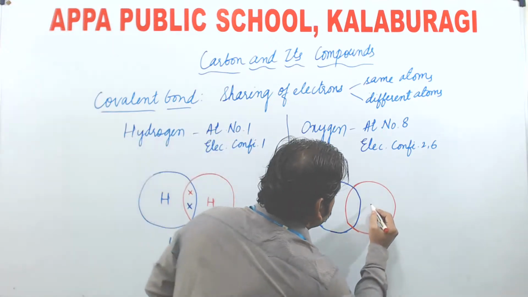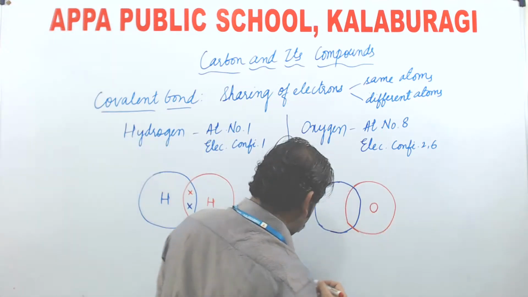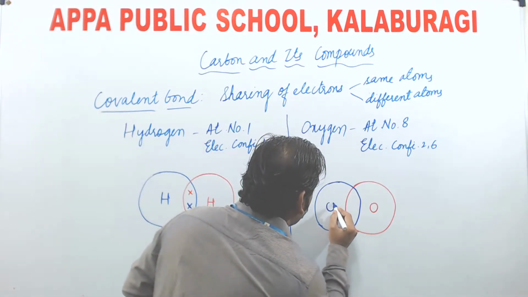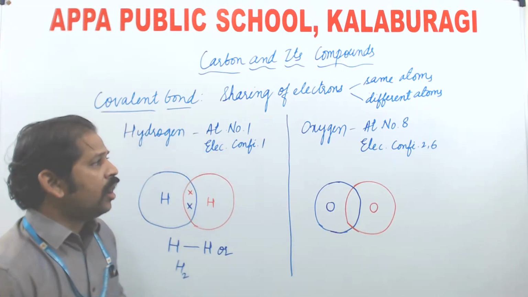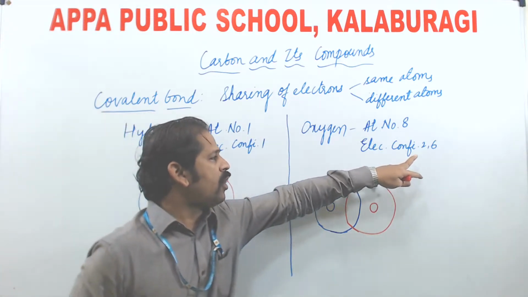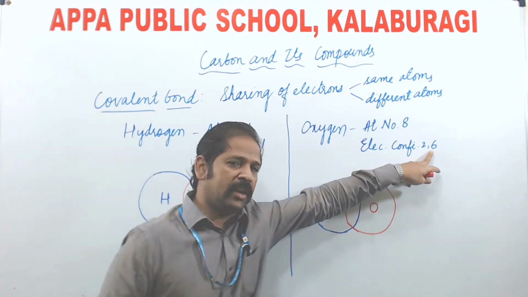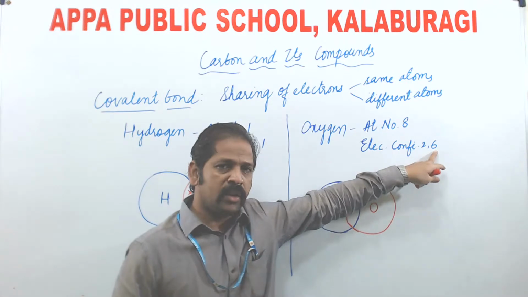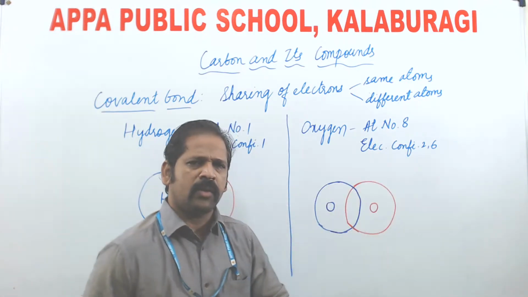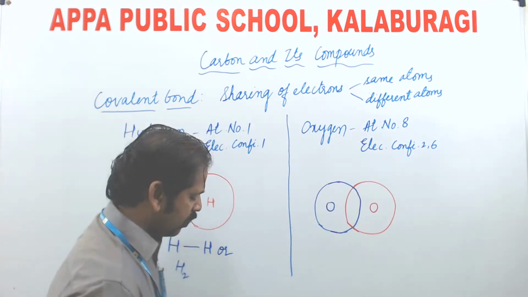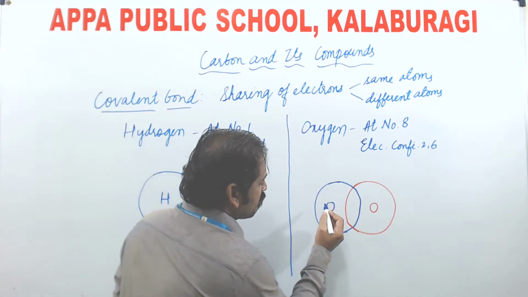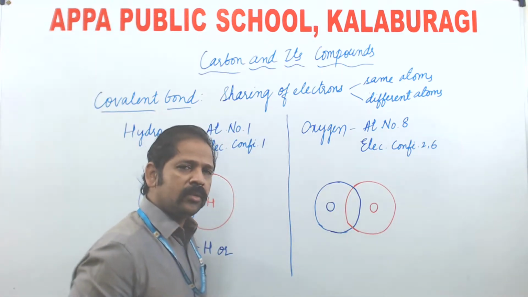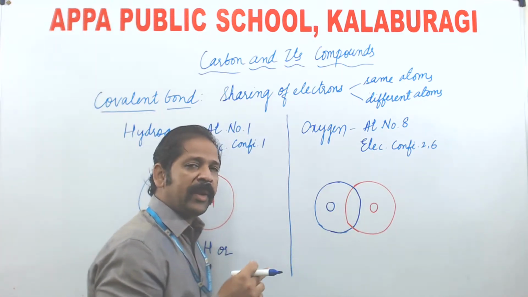This is oxygen number one. This is oxygen number two. Both oxygens are there. The outermost orbit of oxygen is having 6 electrons. This oxygen, with 6 electrons, actually needs only two more electrons to become an octet. 6 plus 2 will become 8.